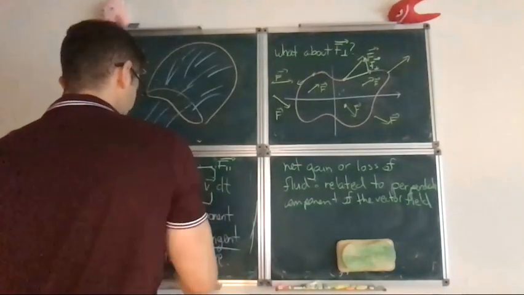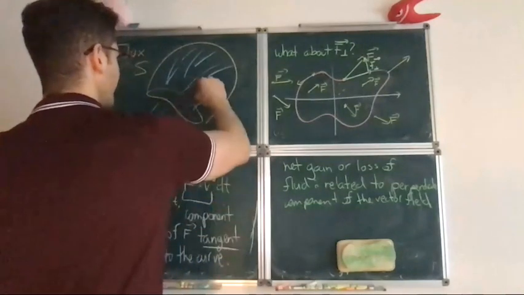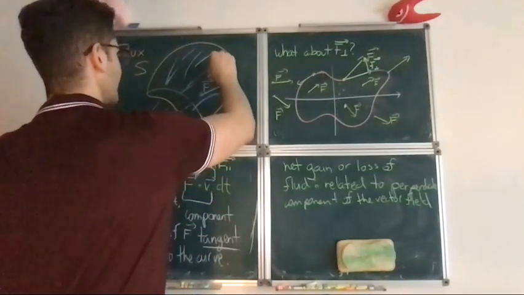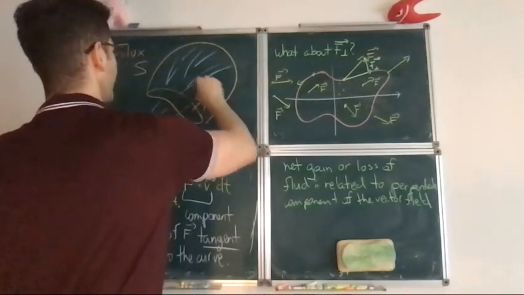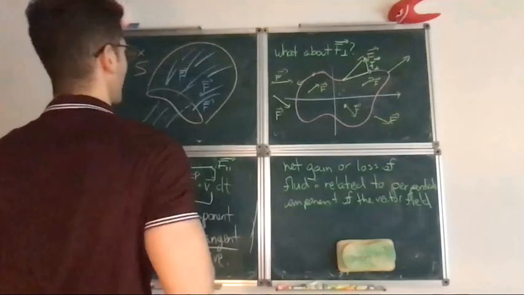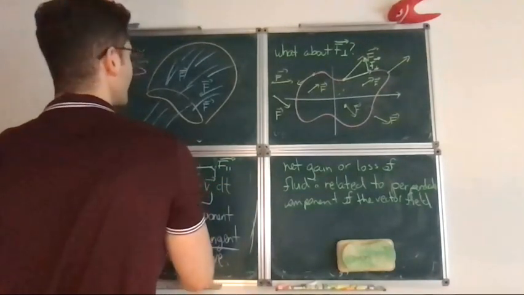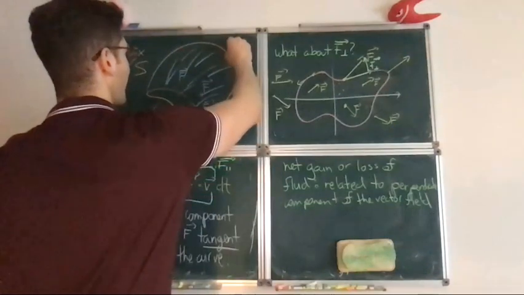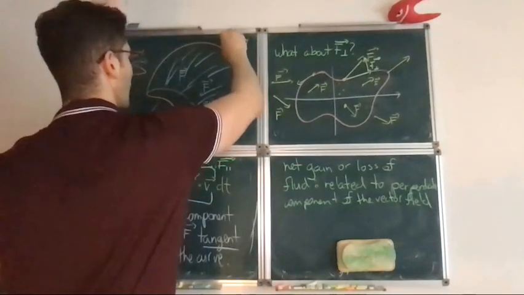This F now represents the velocity of the fluid, and N is a normal vector to the surface.